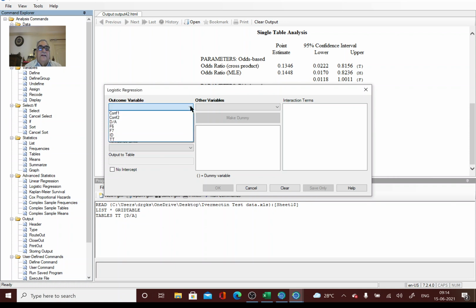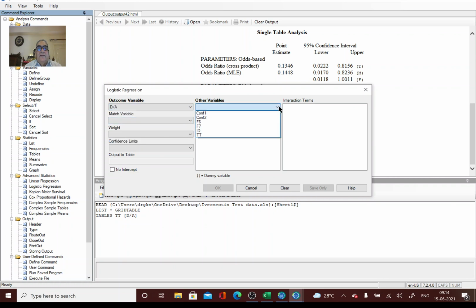So we say the outcome variable is dead or alive. We say the other variable is treatment. Let us place treatment first. So this is univariate, single explanatory variable explaining the outcome variable. Still not dealing with confounders.